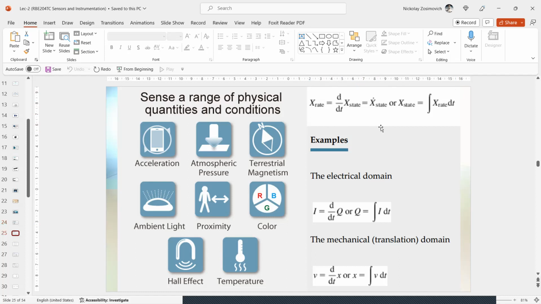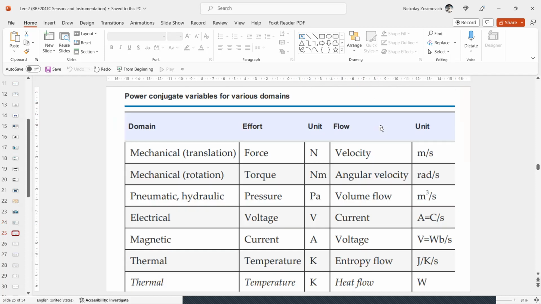With respect to energy, we may find that a quantity that is associated with an energetic phenomenon is often called a variable. It may be electric current or pressure.